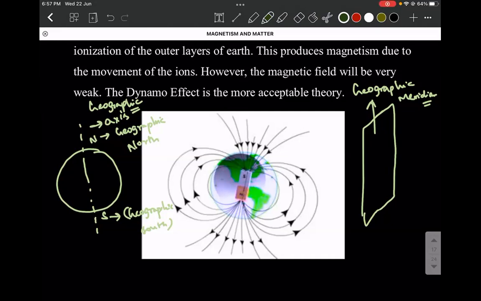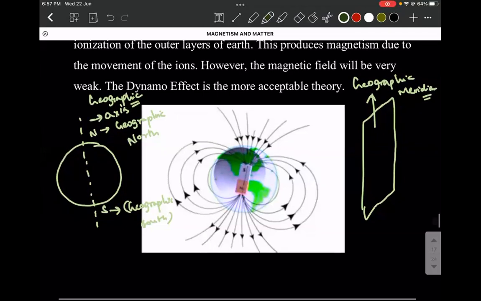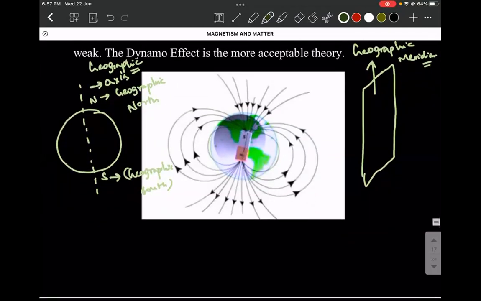In a similar way, Earth is exhibiting magnetism. If you keep the compass, you know how to draw the magnetic field lines, right? Using a compass, in whichever direction the north pole of the compass shows will give you the direction of magnetic field.